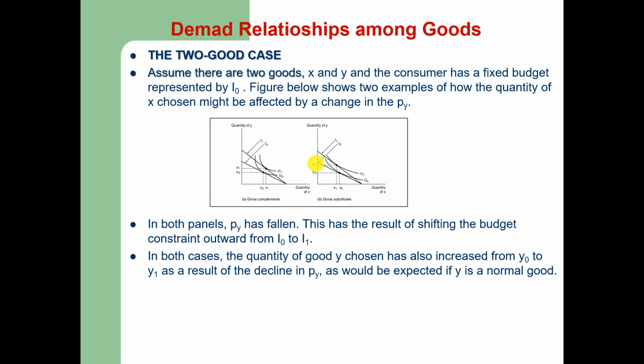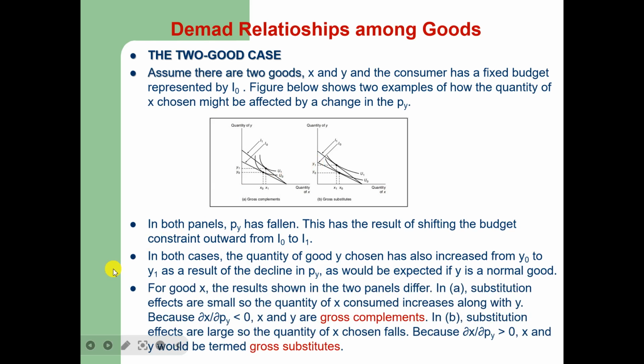We will also analyze what happens to the quantity demanded or consumed of X due to the decline in the price of Y. For good X, the results shown in these two panels are different.